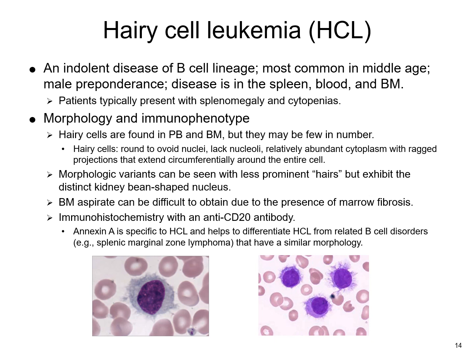Characteristic hairy cells will have a round to oval nucleus. They lack nucleoli, and they have a relatively abundant cytoplasm with ragged projections that extend around the outside edge. You can see some of those here in these images.